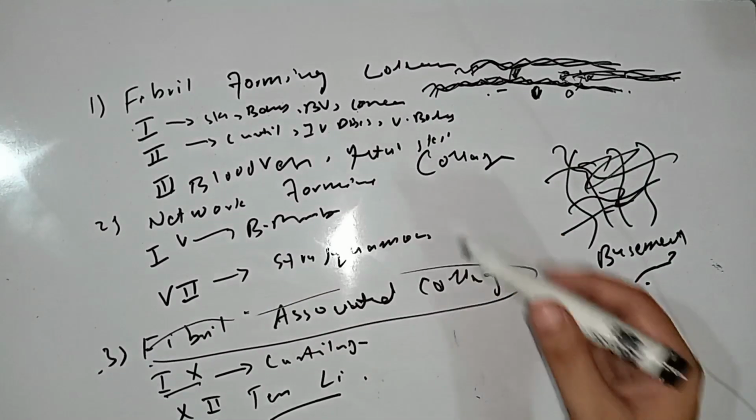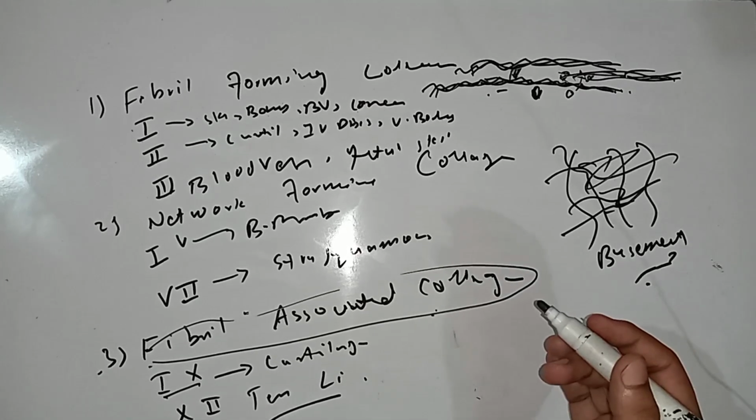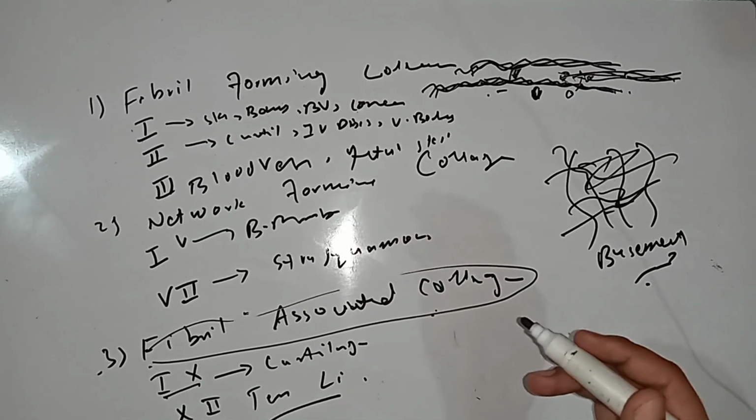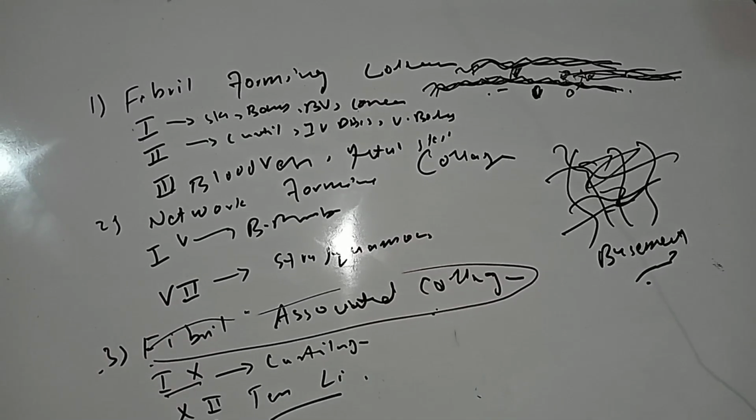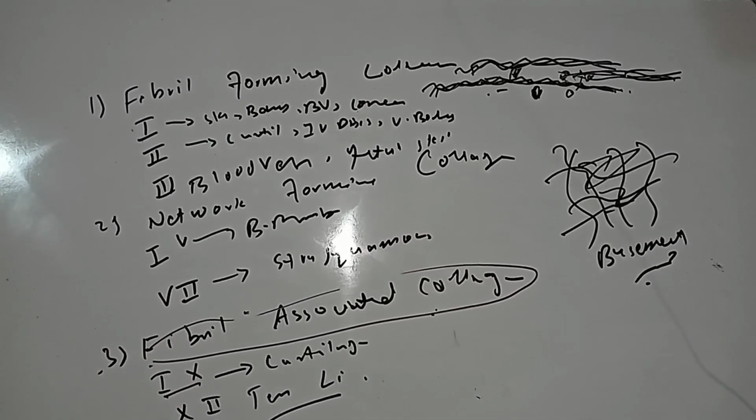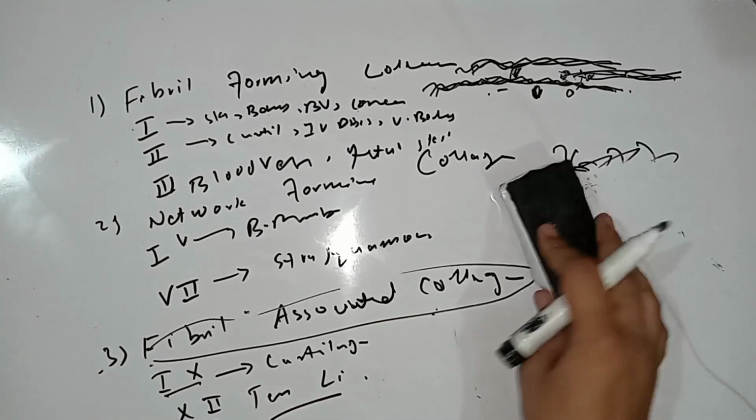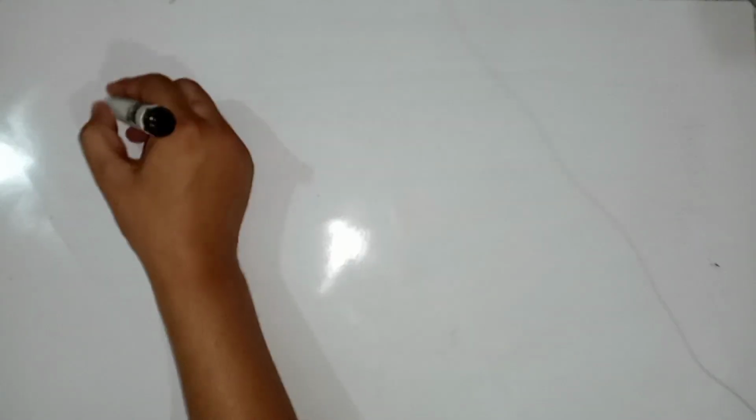So fibril associated collagen basically performs the role of associating the collagen fibers with each other and with the different components of extracellular matrix. Next we discuss the structure of collagen again here. So coming toward the structure of collagen, the collagen has the amino acids.